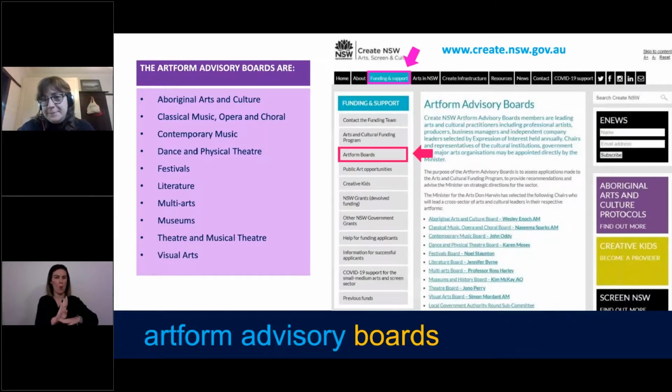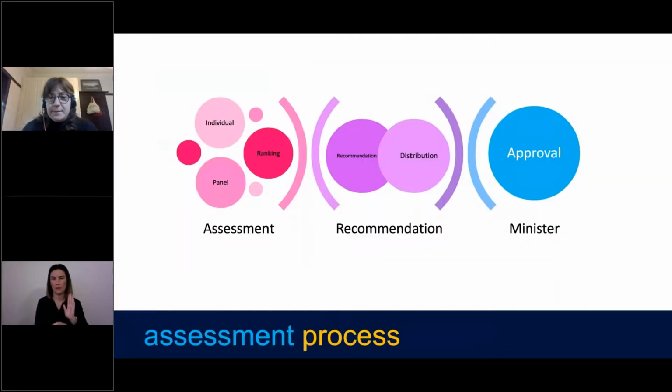Next slide, please. So your application follows this assessment process. First, it goes through an eligibility process, which is done by Create New South Wales. And if it's deemed eligible, it's then allocated to the art form board assessment panel that you have selected.